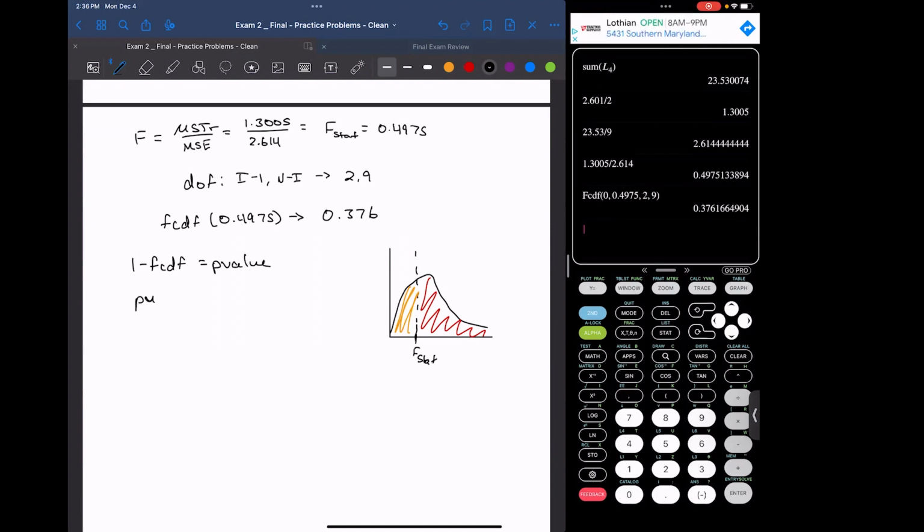So p-value is equal to 1 minus that. So 1 minus 0.376. So p-value is equal to 0.624.